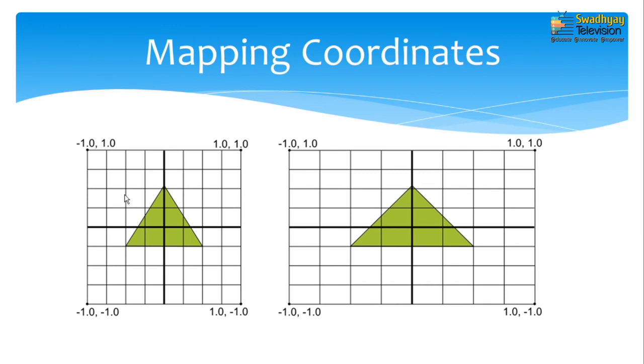Now, suppose this is your portrait screen, first is your portrait screen and second is your landscape screen. When you change the orientation, it will again consider this new screen as a perfect square and your shape's appearance changes accordingly. So, this is how we can map coordinates onto the device screen.